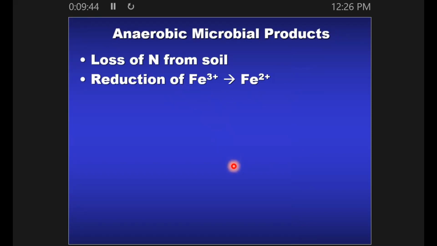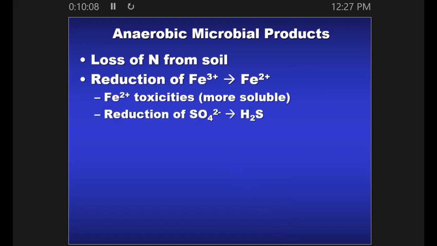The ferric form is a little more challenging to get access to. Ferrous is more soluble. What they actually see is it becomes too soluble under flooding, to the point where the plant gets toxic exposure to ferrous, and it creates toxicity to the plant. So it's a little bit too much of the iron now.